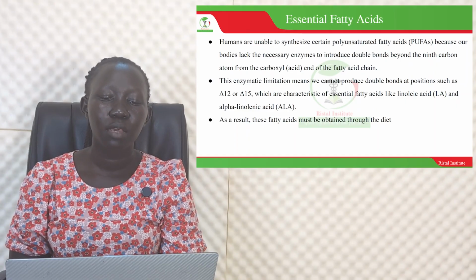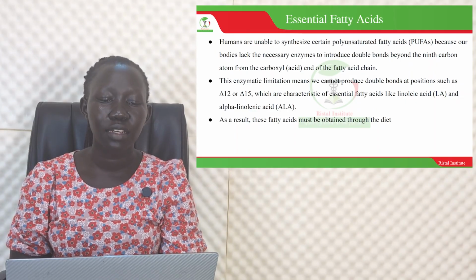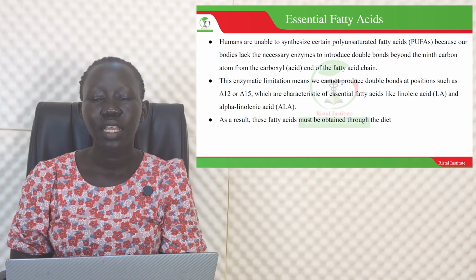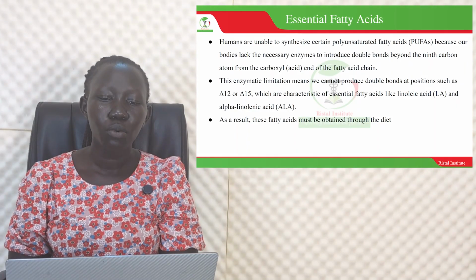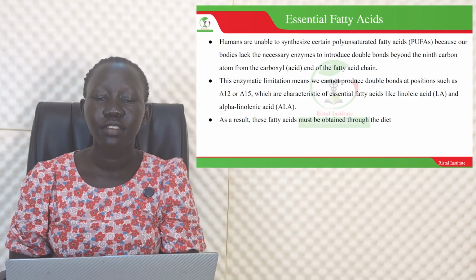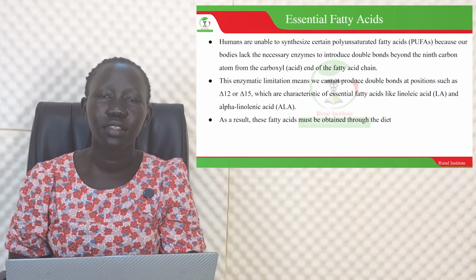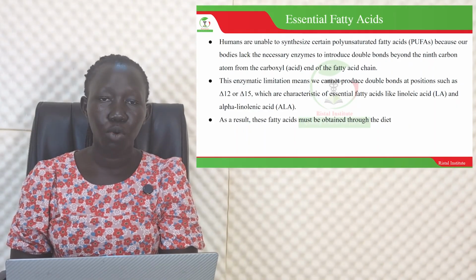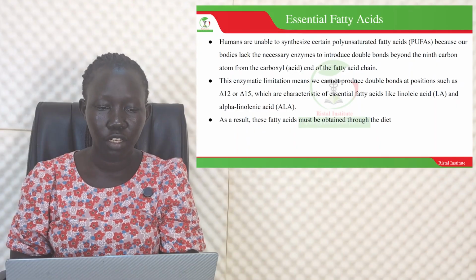Humans are unable to synthesize certain polyunsaturated fatty acids because our bodies lack the necessary enzymes to introduce double bonds beyond the 9th carbon atom from the carboxylic end of the fatty acid chain.